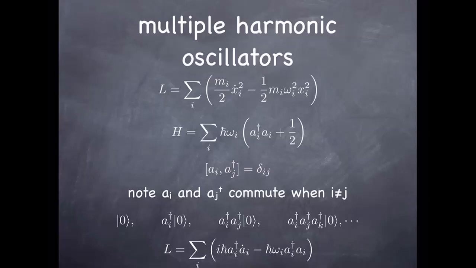Namely, acting 3 creation operators on the ground state gives you a state that is symmetric under the interchange of i, j, and k. And that actually turns out to be an important property of these creation operators. In whatever order you act the creation operators on the ground state, the order doesn't matter because they commute, and the state is automatically symmetric under the interchange among different creation operators. It turns out that is the key where quantum field theory connects to quantum statistics.